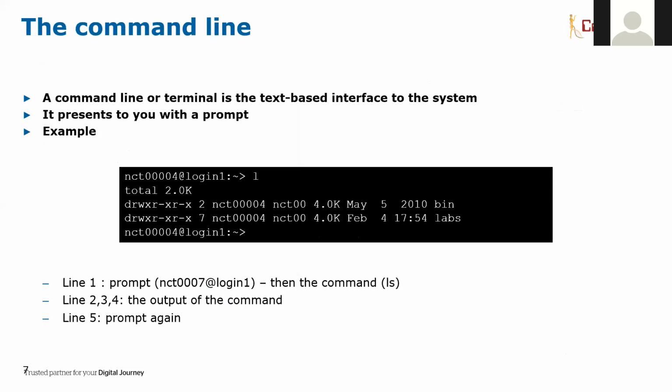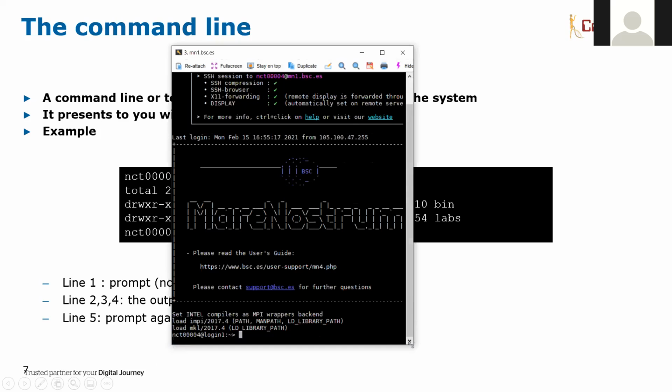If you type ls, and this is what I'm showing here in the slides, it has several aliases. So you can type L, LS, LL, double L, etc. And what it shows is that it will show you what you have in the current directory. So as you are new users, you may not have many things.